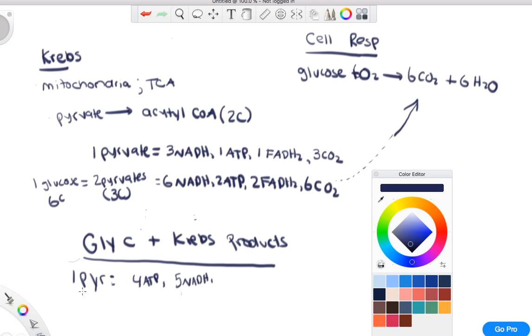Oh, sorry, actually this is not for 1 pyruvate, this is for 2 pyruvates, aka 1 glucose. 4 ATP, 5 NADH, 2 FADH2s. Also, what I also want to mention to you is that in the Krebs cycle itself, you'll have 2 carbons leaving.